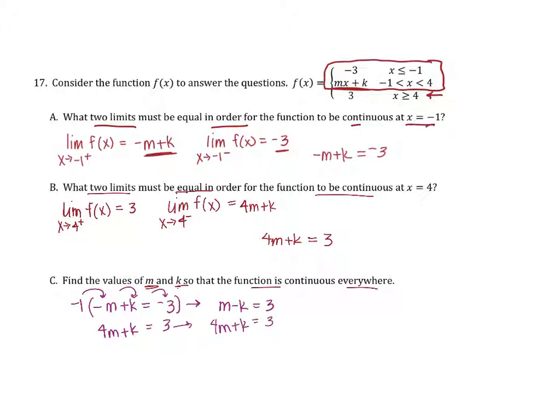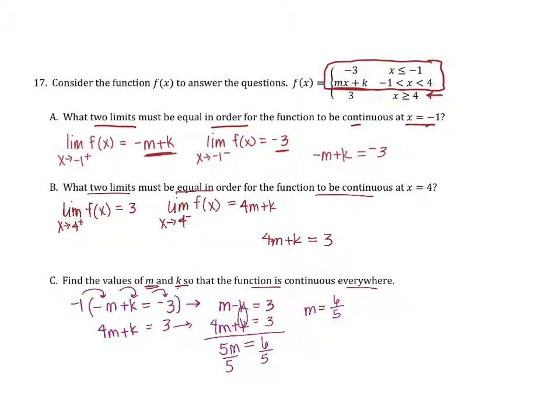And then notice I'm just going to add these equations together like we did in Algebra 1. And if I add m and 4m, that's 5m. Negative k and positive k cancel each other out, which is what I want to happen. That's why I multiplied by the -1. And solving for m, notice we get m is equal to 6/5.